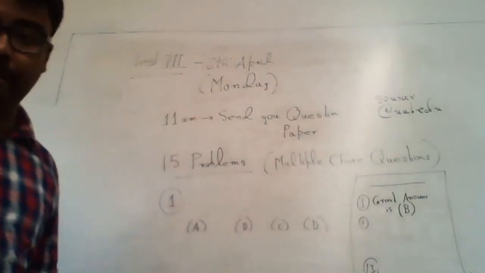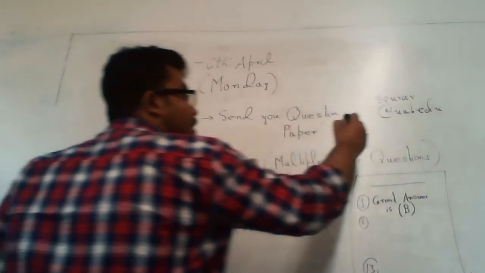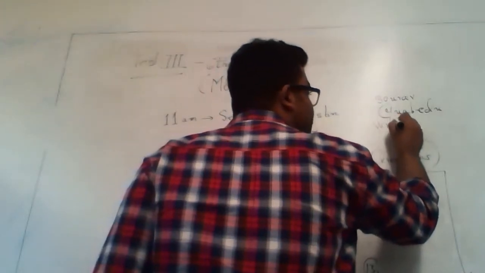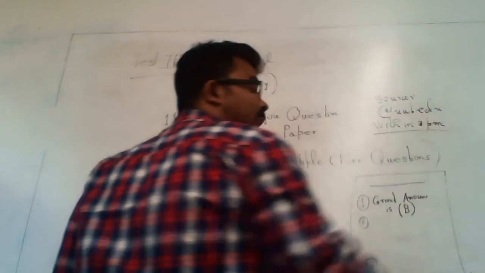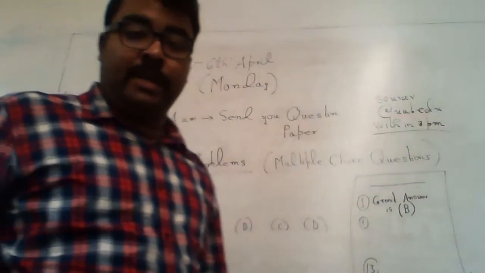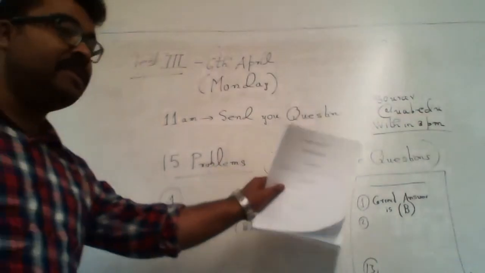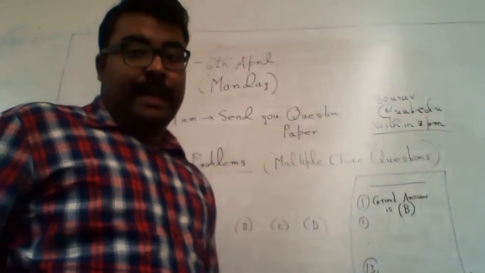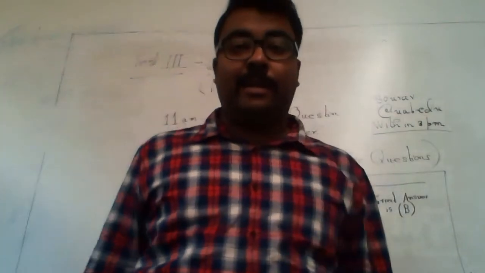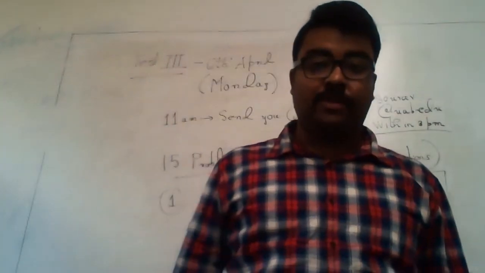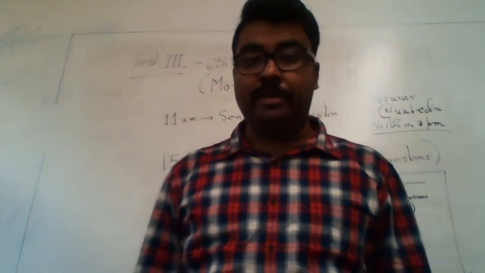You have to mail me back by 3 p.m. That's the deadline. If I get your email after 3 p.m., I will not accept it. So I'll accept the answers up to 3 p.m. At 6 p.m. on that day, I'll give you the answer key so that you can match, and in advance you get to know how much you scored.